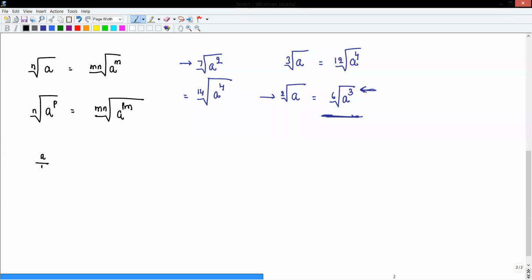When I have a by b to the power of negative m by n, how do you write it? b by a to the power of m by n.